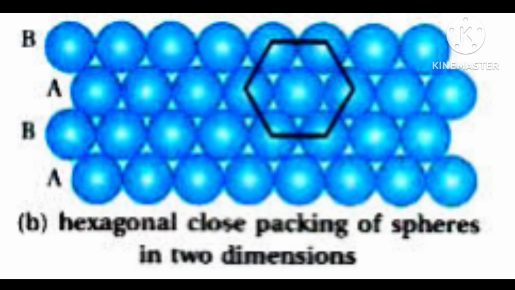Now first take 6 spheres, like the first one I told you, and above that you keep the second layer, like the 2 cases I told you: 2 up 1 down, and the other 1 up 2 down.